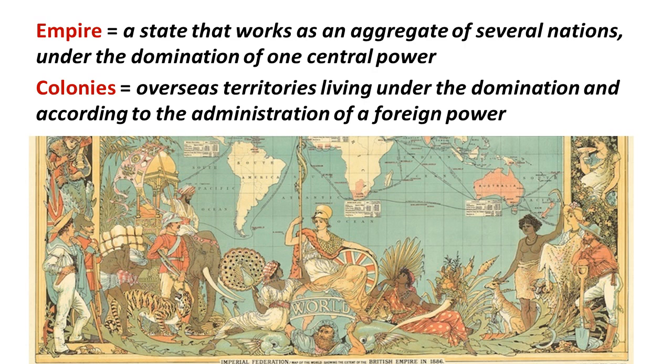For example, Australia used to be a colony of Britain during the 19th century. So a definition of a colonial empire would be something like a state that works as an aggregate of overseas territories living under the domination of a foreign power.